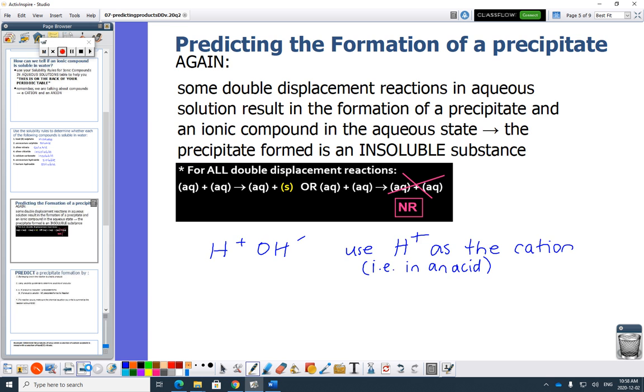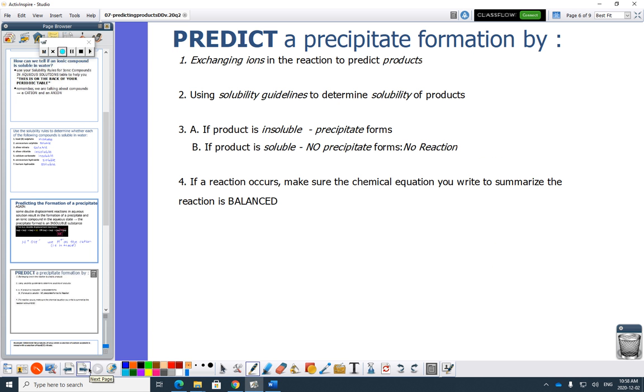So if you are a procedure kind of person, you want to switch the ions, right? So remember, like displaces like. Or you're going to do plus minus, always plus minus. They're ionic compounds.